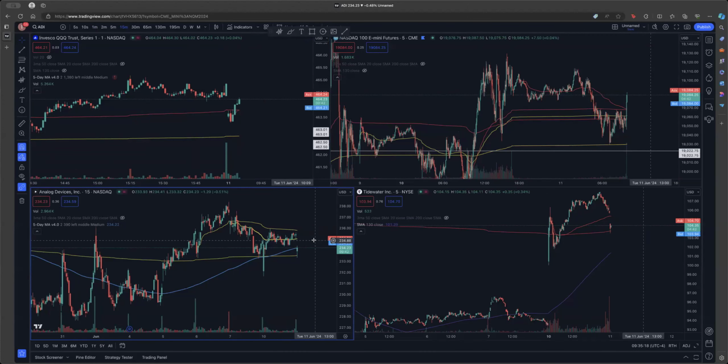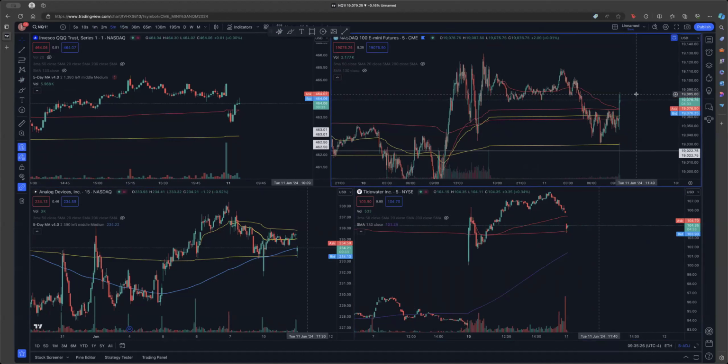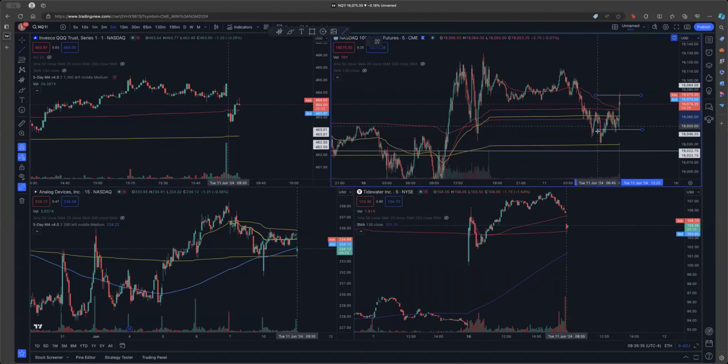Need ADI to recover the 5-day moving average here, by the way. All right, so the first 5-minute candle is in, so mark the highs and lows as usual. This will be the ORB.